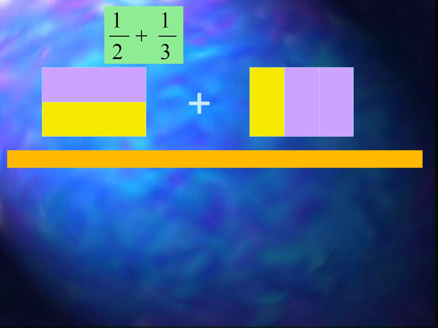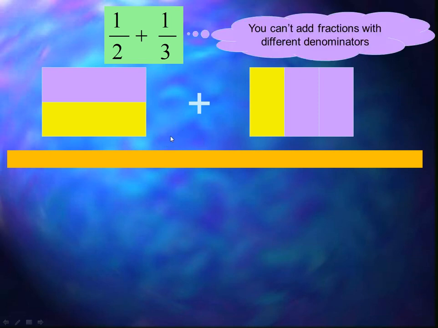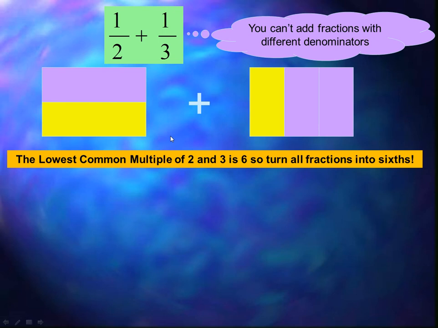So here we have the pictorial version of 1/2 plus 1/3. And you can see here that we have 1/2 is gold, and here we have 1/3 is gold. But you can't add fractions with different denominators. And from our previous knowledge, we know that the lowest common multiple of 2 and 3 is 6.